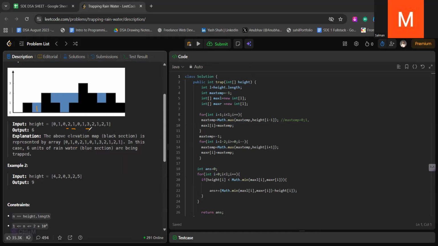Minimum of both of these boundaries, which is 3 and 2. Minimum of these two, because both of these are the maximum heights, right? So 3 and 2. But the minimum is 2, right? And then 2 minus 1. So it will store around 1 unit of water. So you can see here, it's 1 unit.